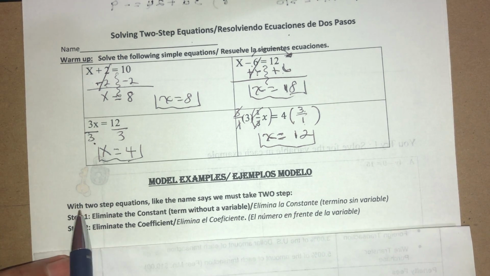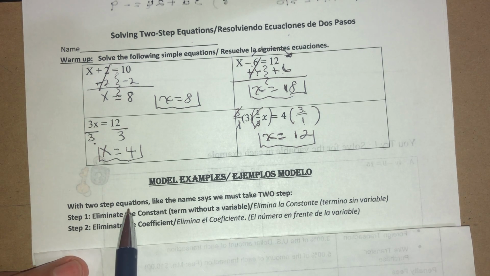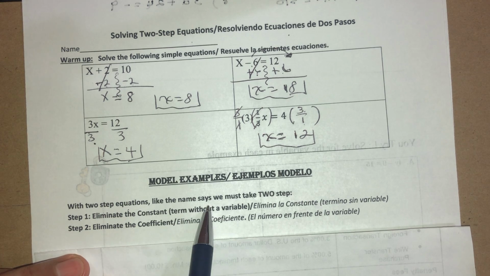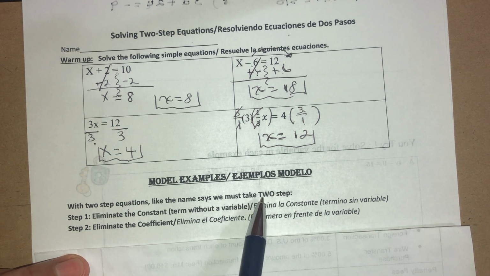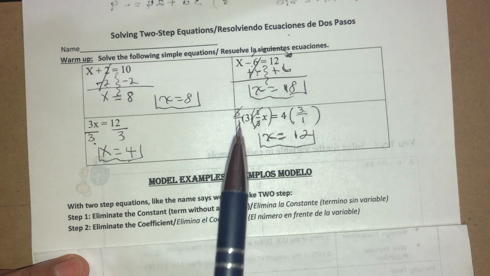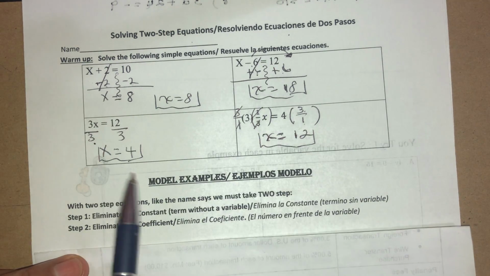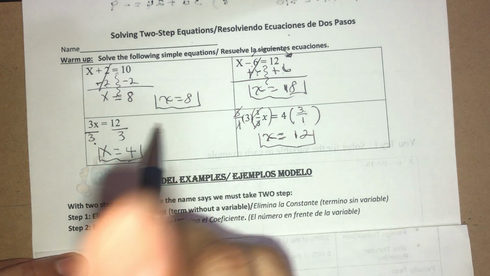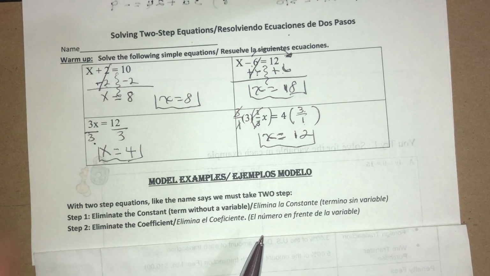So, with two-step equations, like the name says, we must take 2 steps. If you notice here, we only did 1 step to solve all those 4 equations because these are simple equations, just 1 step. Now we're going to do 2 steps, all right?